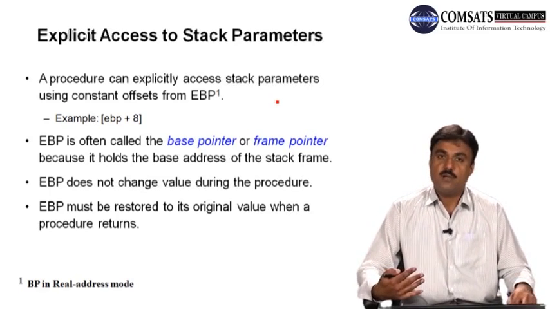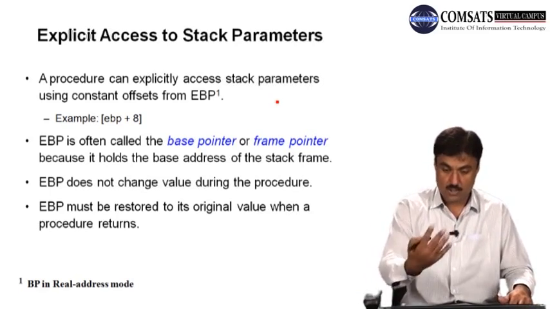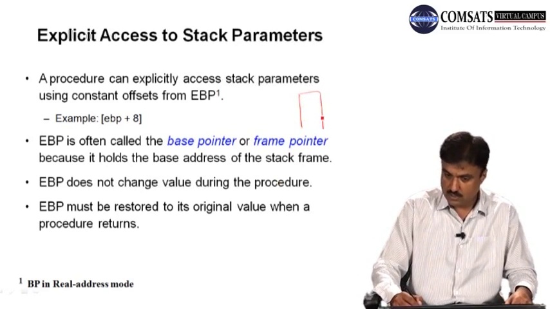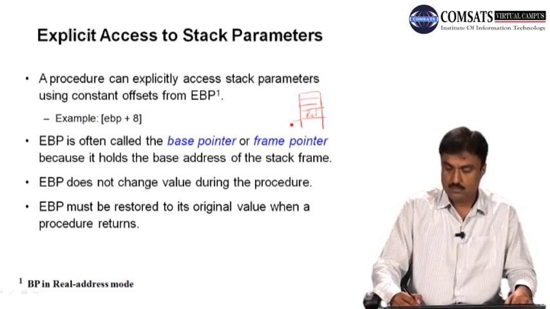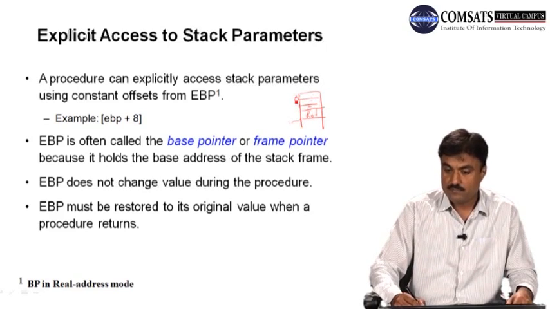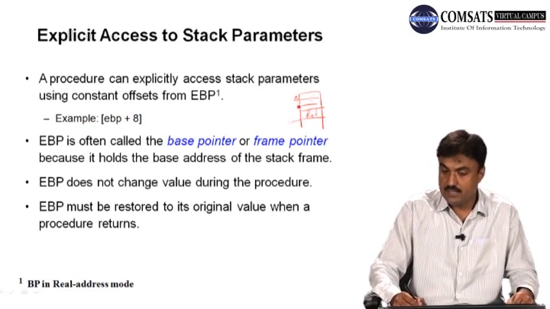We cannot change the stack pointer, because, for example, these are the arguments that are being passed, here is the return address, and the stack pointer is somewhere here. If we want to access them, definitely we decrement the stack pointer. So the stack pointer will be decremented.